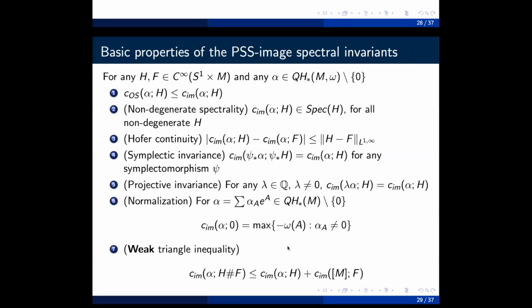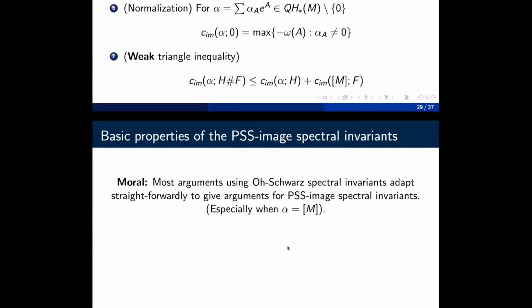So for instance, this defines a symplectically invariant norm on Ham. Say Fathi's proof of C0 continuity of this for surfaces goes through, and various kinds of usual proofs that one would run for these things go through.